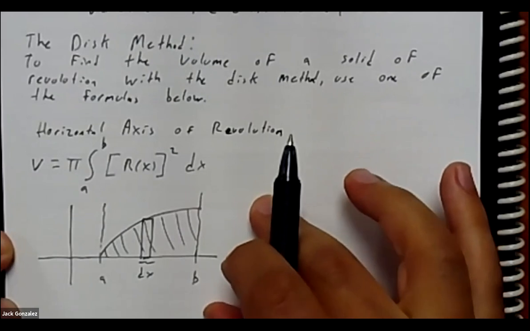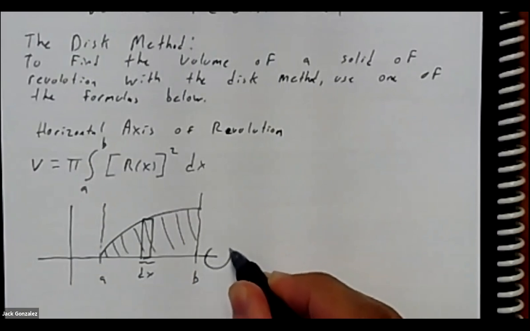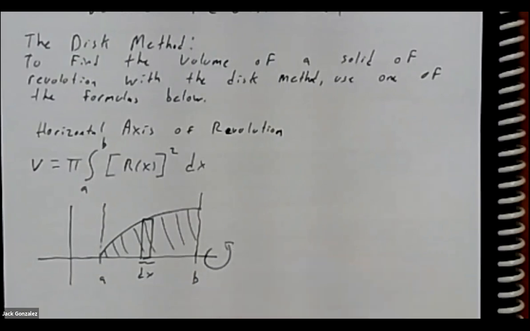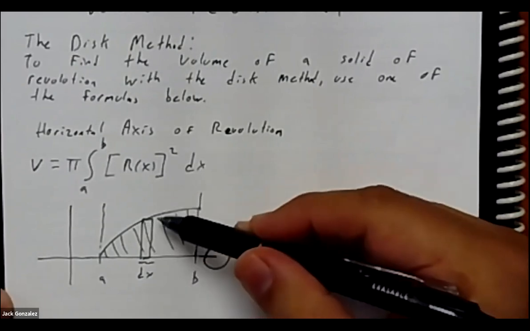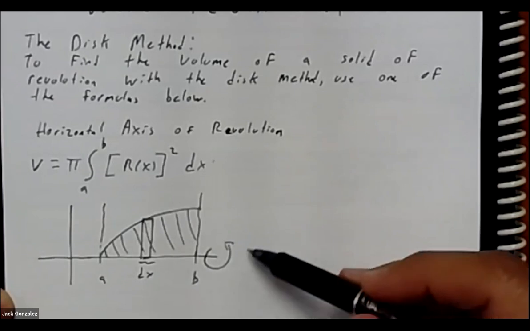If I'm slicing up and down, then the axis of rotation is going to be horizontal. It's always perpendicular to the slice. So if it's slicing up and down, in order to get dx, the rotation will always be this way.